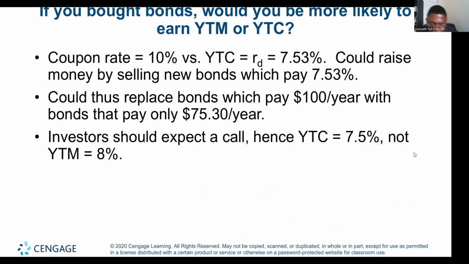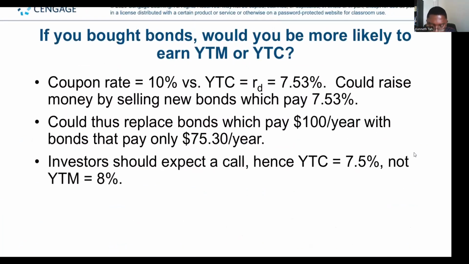Okay, so we can ask a question. If you buy a bond and it's a callable bond, are you likely to generate yield to maturity or yield to call? Most likely yield to call, because if interest rates start going up, the issuer is going to exercise that call provision and they'll terminate the life of the bond.